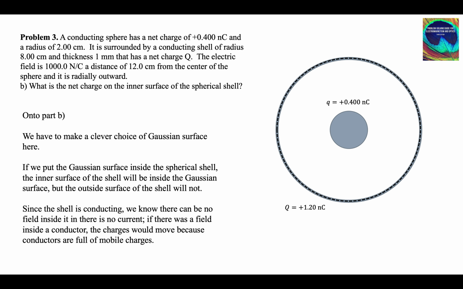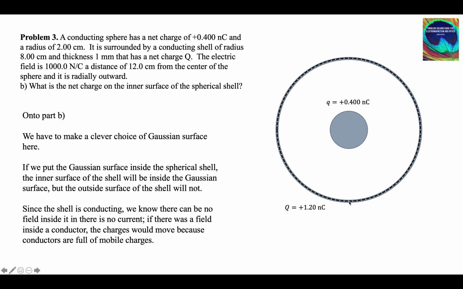The shell is conducting. It's given in the problem. If there was a field there, the charges would move. Conductors are full of charges, full of electrons. Electrons are just sitting there. If there was a field there, they would respond to the field. There can't be a field inside of a conductor if no current is flowing.